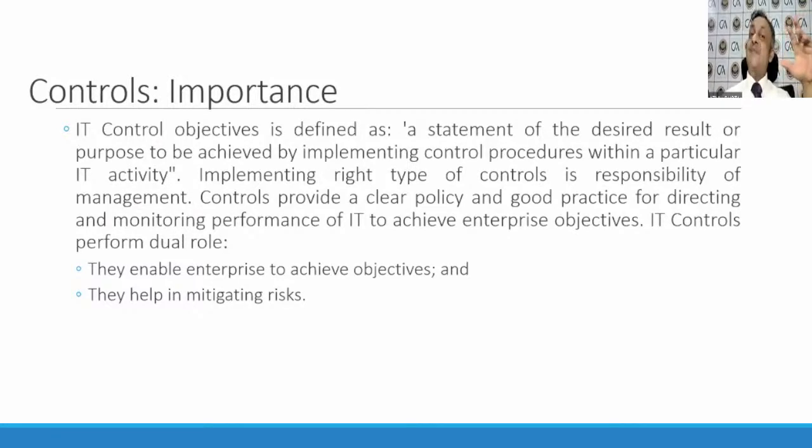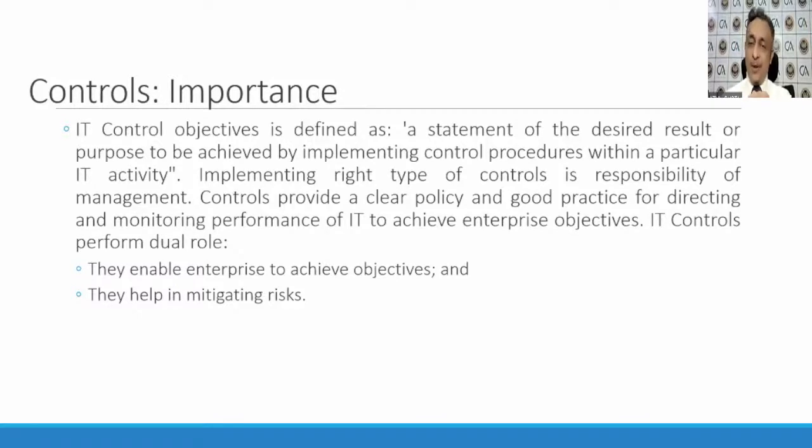Implementing the right type of control is management responsibility. If those controls are not there, which auditing standard is going to guide the auditor? I want the name of the specific standard. Okay. You have to pick the words as given from the slide. The standard I am referring to. Okay.